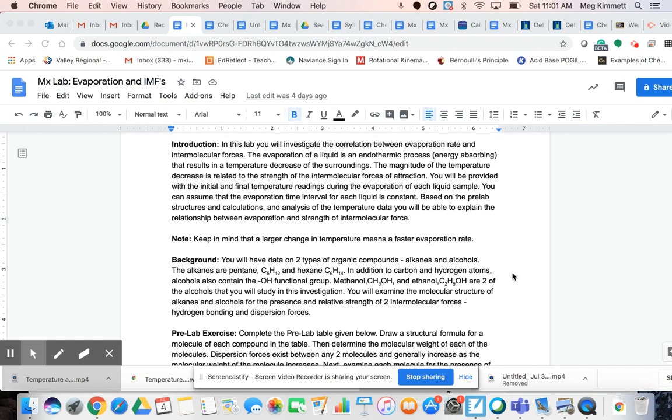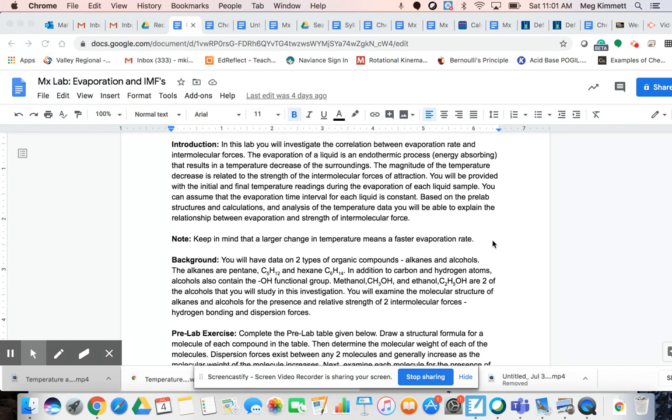That being said, a couple of things that you really want to watch out for in this lab is to keep in mind this note that I have made: the larger the change in temperature means the faster the evaporation rate, because we're going to assume that these temperatures all occur during the same amount of time.